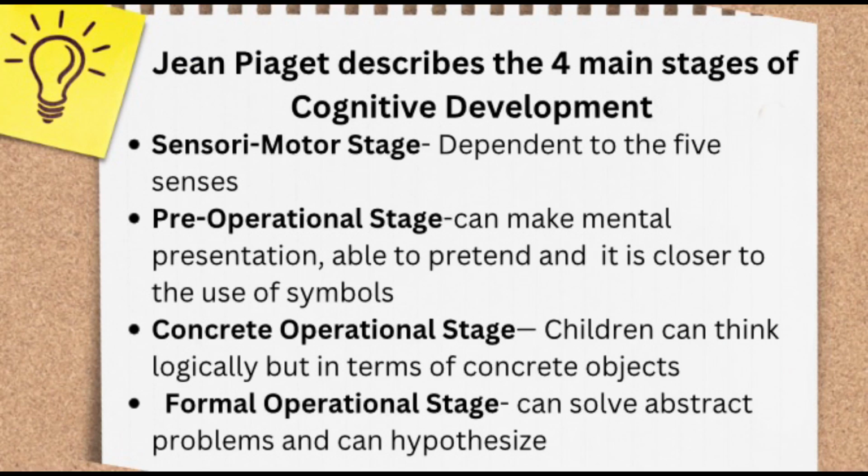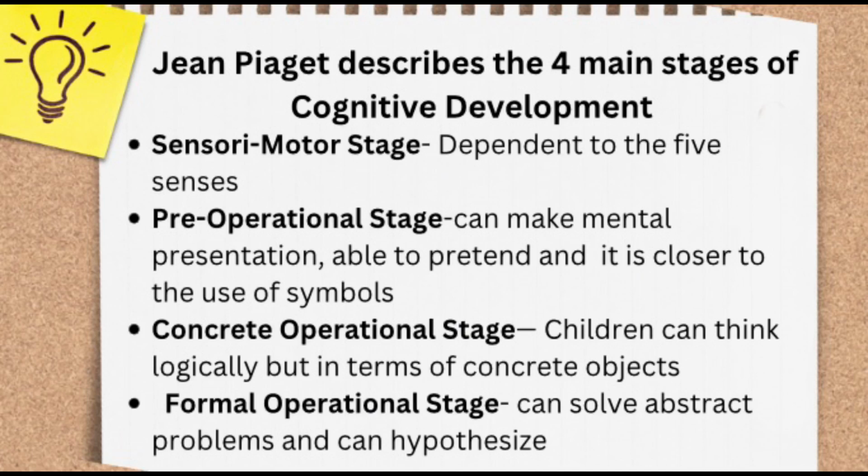What are the four main stages of cognitive development? These are the sensorimotor stage, pre-operational stage, concrete operational stage, and formal operational stage. So when we say sensorimotor stage, it is dependent on the 5 senses.